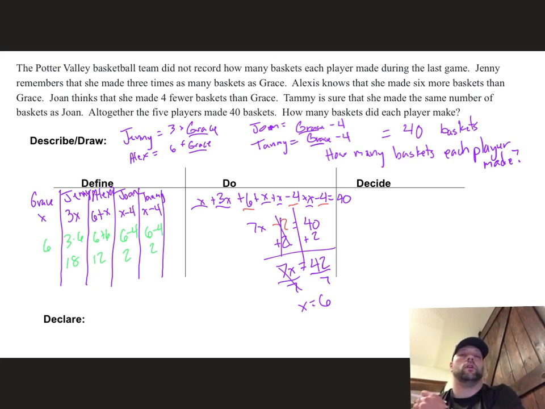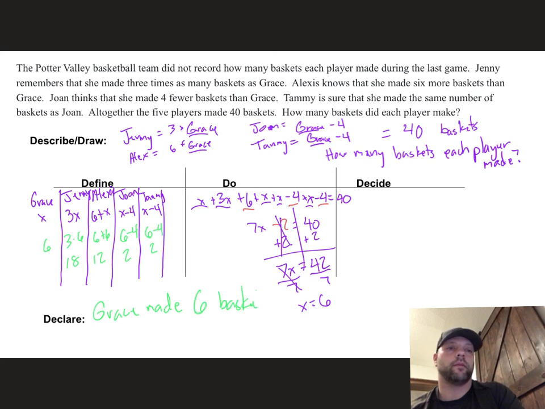Okay? So in my declare, I would say Grace made 6 baskets. Jenny made 18 baskets.